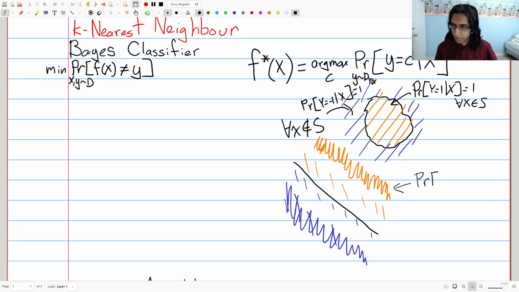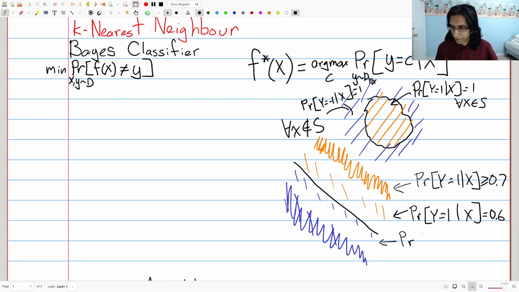For example, here, maybe the probability that y equals 1, conditioned on being sufficiently far from the line, is greater than, I don't know, 70%, and things in this space here, the probability that y equals 1 conditioned on x is, say, maybe 60%, whereas things here would be the opposite way. This would be, say, equal to, I don't know, 60%, that y is equal to -1, and so on.